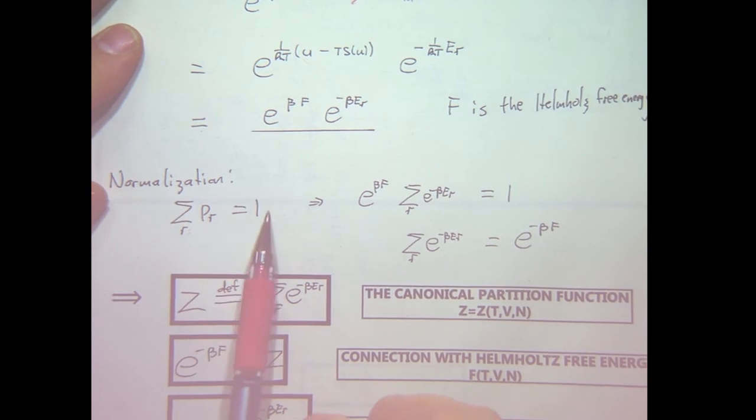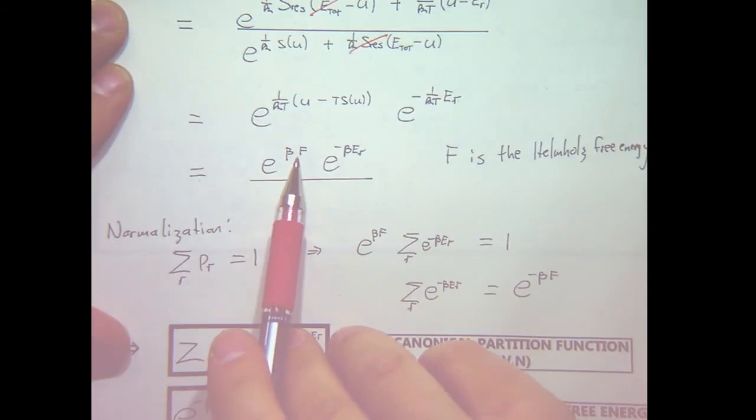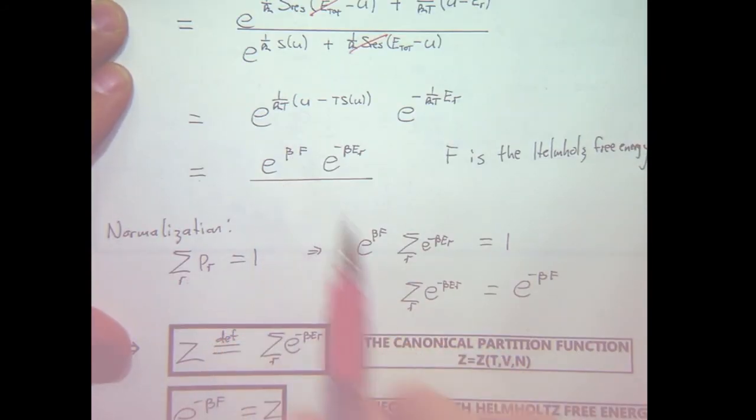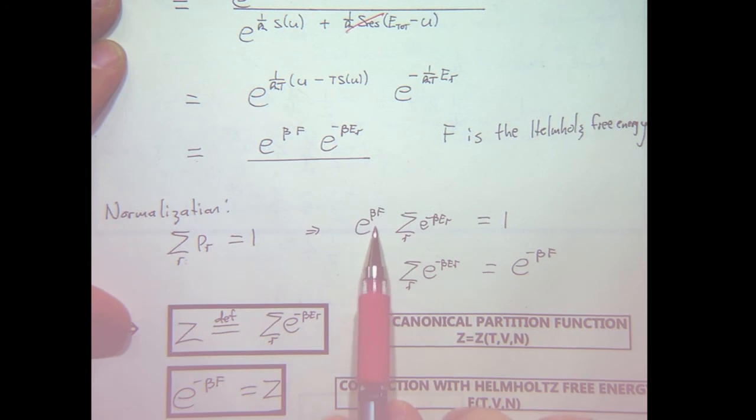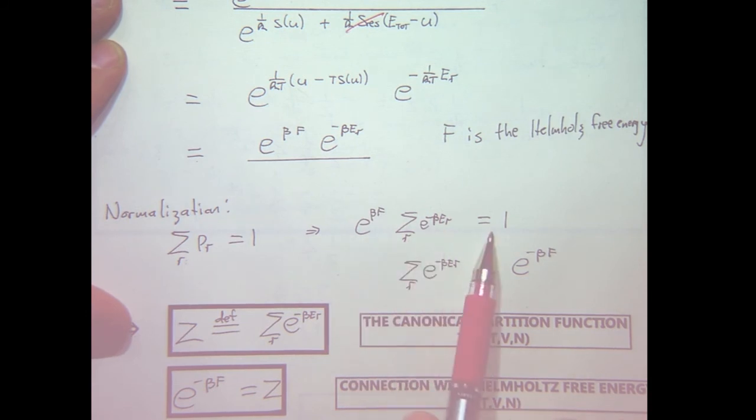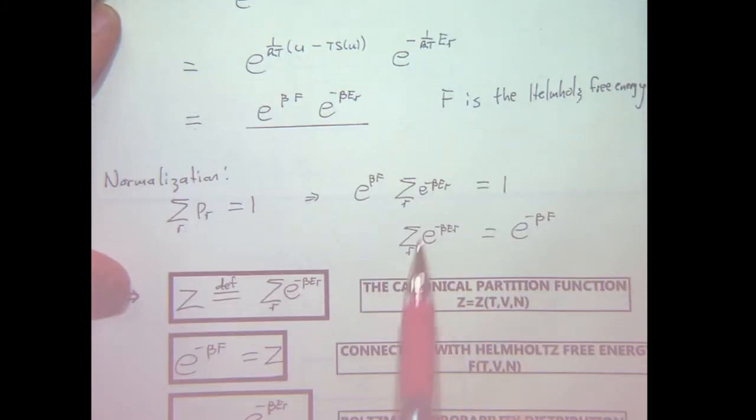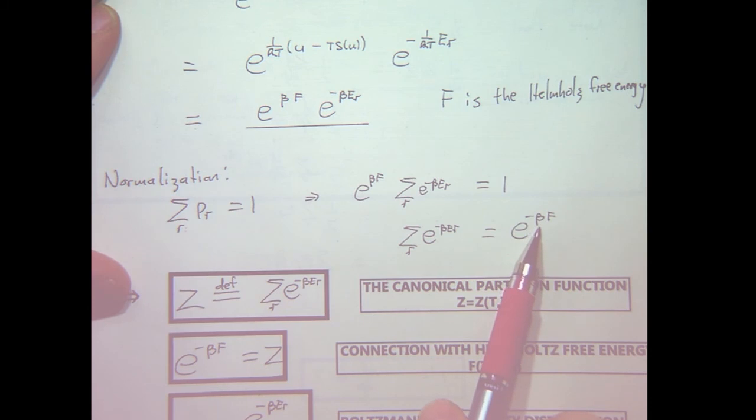So the sum of P_R equals 1. So e to the beta F does not depend on R, so that comes out of the sum. So that sum equals e to the minus beta F.